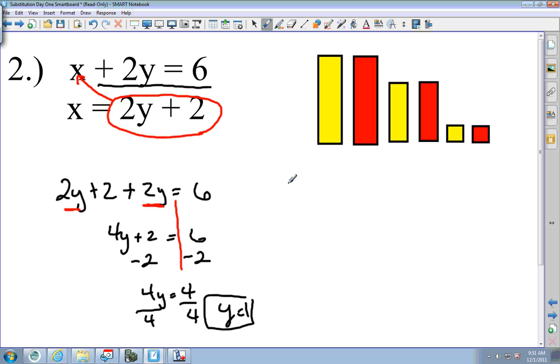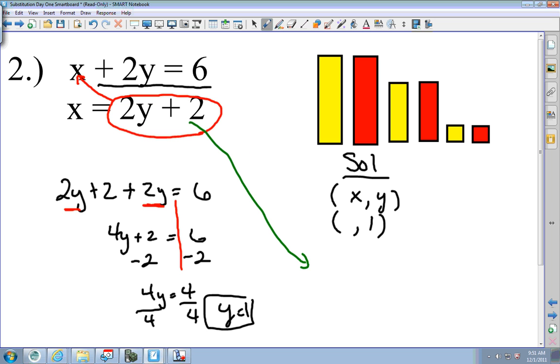My solution is going to be where the two lines intersect. That's going to be an ordered pair where I have x and y. I already found y to be 1. So now I need to find the x. So I'm going to bring this equation down. X equals 2y plus 2. Okay, y is 1. So let's put that in here.